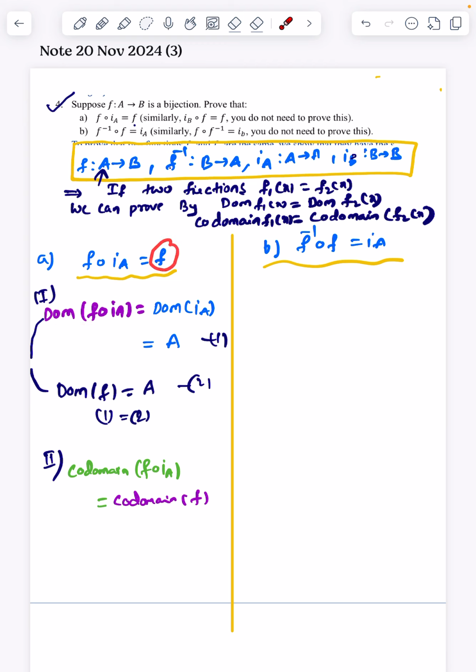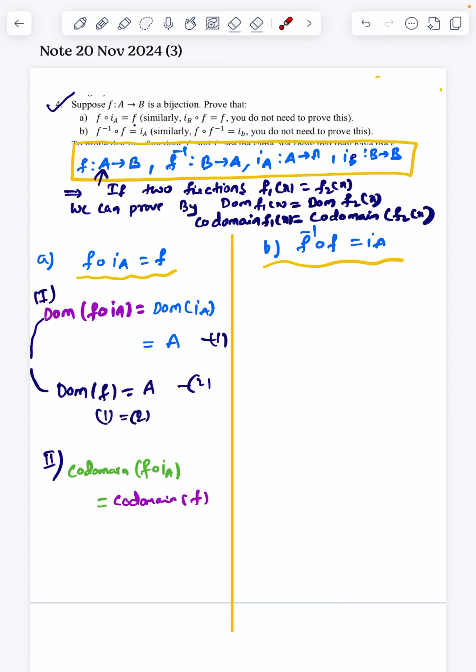Now I check the domain of f. The domain of f is the set A only. Both have the same domain, so we proved that. Now we prove the codomains are also equal.